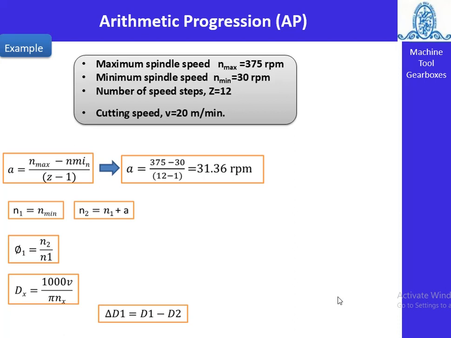As we calculated, the arithmetic progression A is n max minus n minimum upon z minus 1. We know n max, n minimum and z, so putting in the values we calculate A. And phi is the ratio of two successive spindle speeds. Then dx is calculated and delta dx we can also calculate.